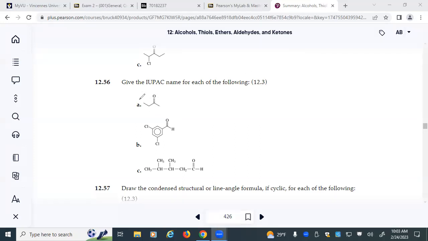What we have to do is start from basics, find that longest chain, figure out how many carbons are in it, and try to identify any functional groups that are present. So I can look at this and say, okay, there are 1, 2, 3, 4 carbons in this chain. I know I'm dealing with a butane of some kind.